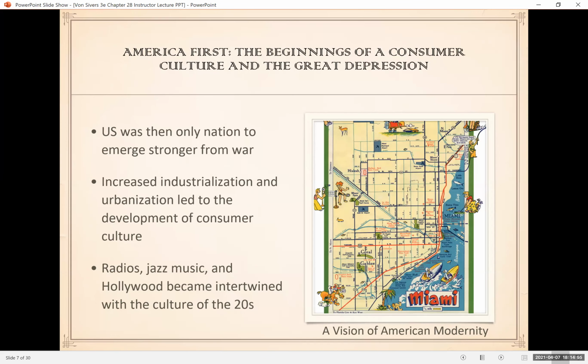Also, another phenomenon is Hollywood. Before 1928, movies were silent. And that's a selling point for certain movies because they were silent. You could make a movie in a studio in America and send it throughout the world because you didn't have to translate it.